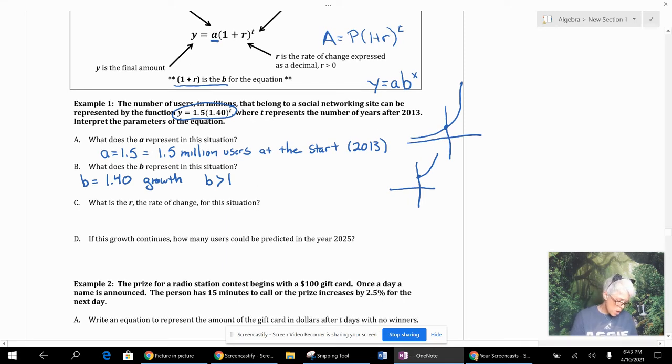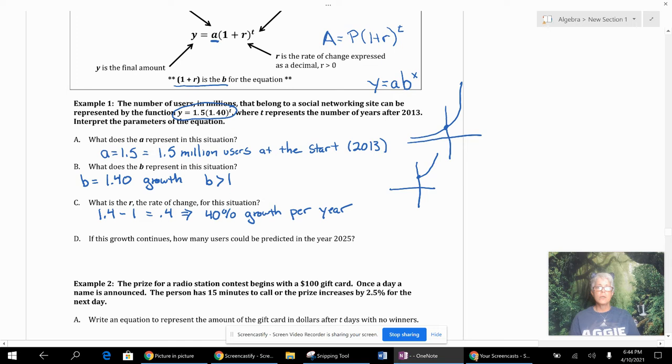And since B is represented by 1.4, if I subtract 1 from it, I get 0.4. 0.4 as a percent is 40%. So it's 40% growth per year. Again, I can know this just looking at the equation.